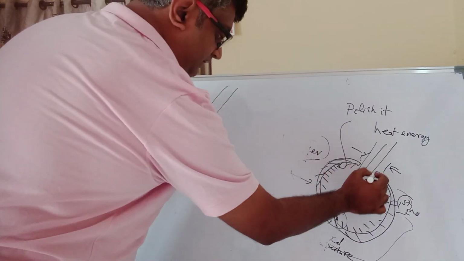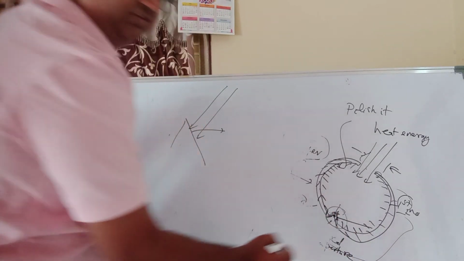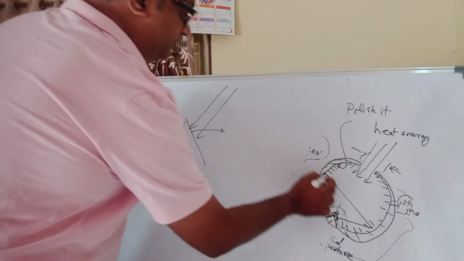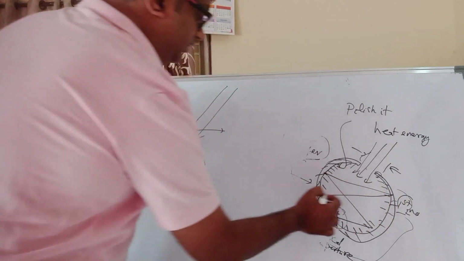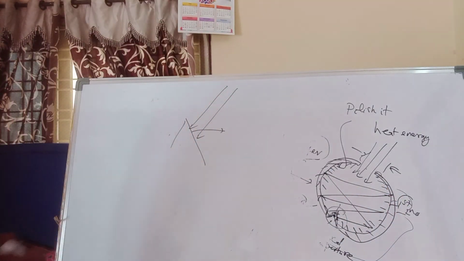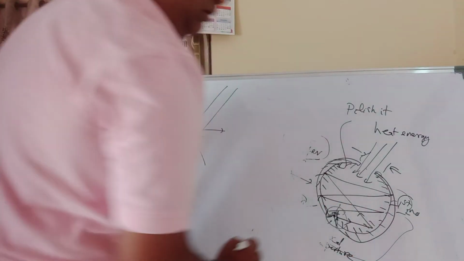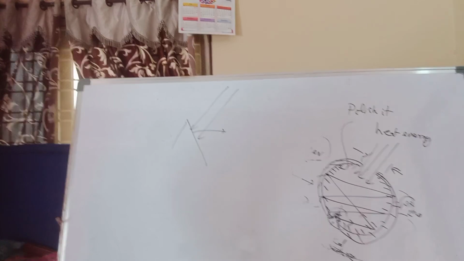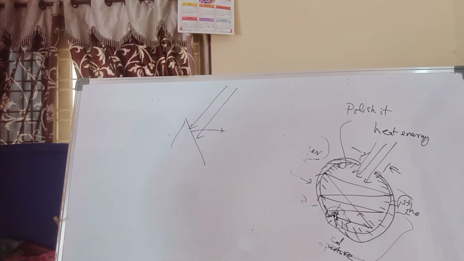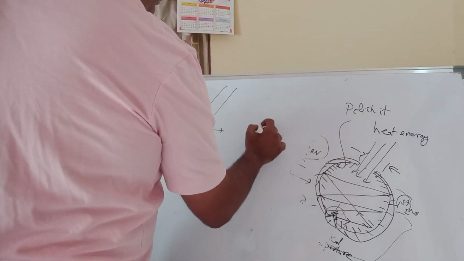Whatever fell on this will reflect again from this surface, again it will reflect, and so on. This process keeps on going. That means it will go like this. What are these lines? These are all multiple reflections.